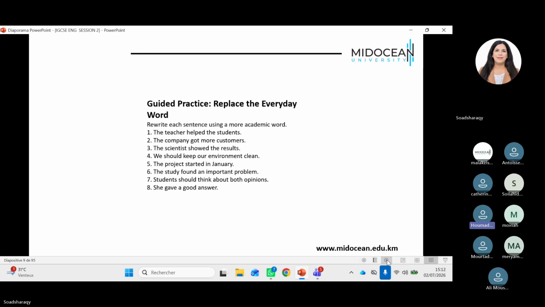The company obtained more customers. So here you have replaced the verb to get, and you said the company obtained. Good. Continue, Abu Bakr. Number 3.